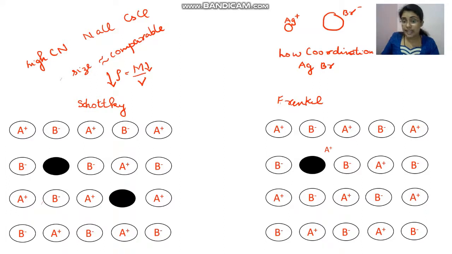In this defect, one of the cations is misplaced from its own position. The forces of attraction it has are broken, and it can shift to an interstitial site.